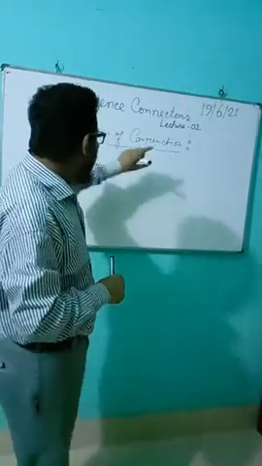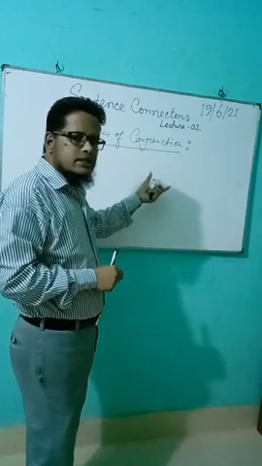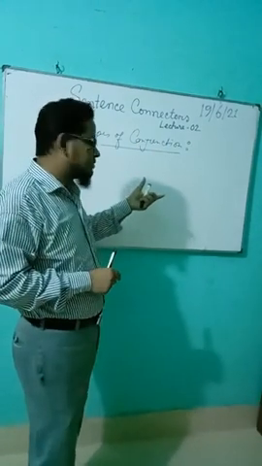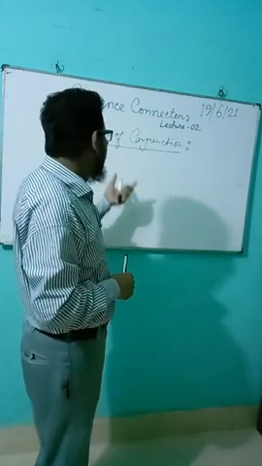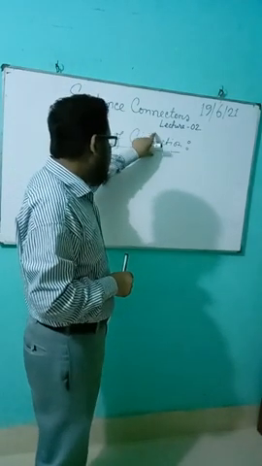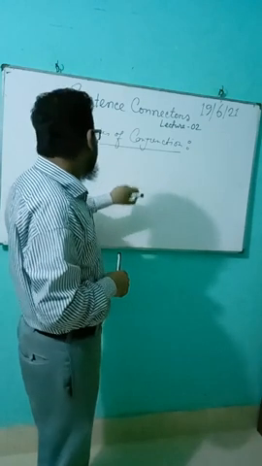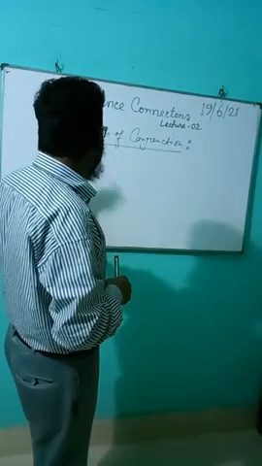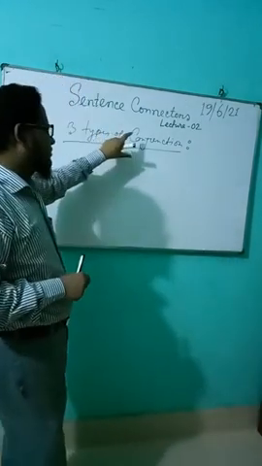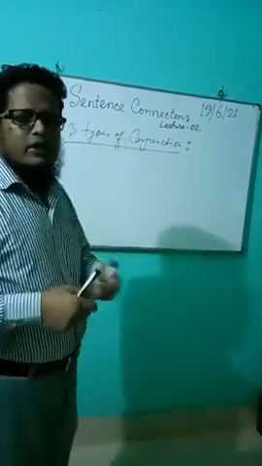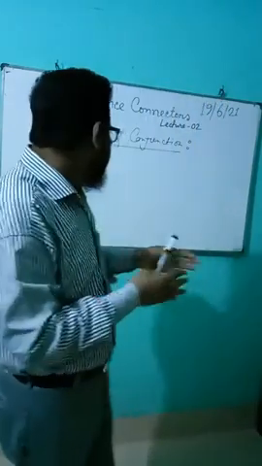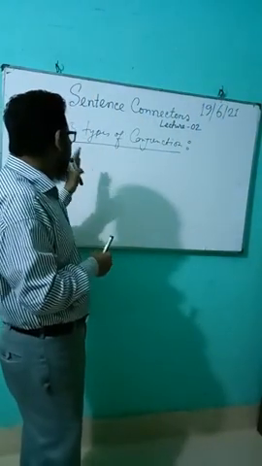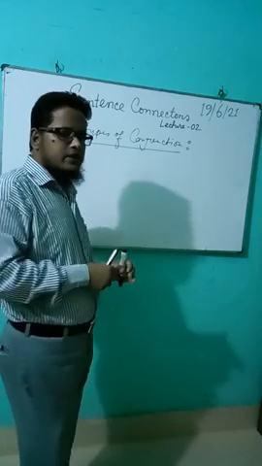So whenever we study connectors, we have to know the ins and outs of conjunction and its usages. The main purpose of conjunction is to join the ideas and the sentences, so that it can be clearer to the readers.